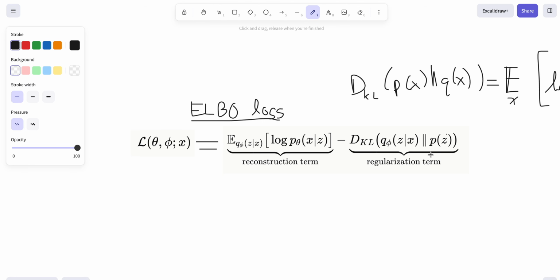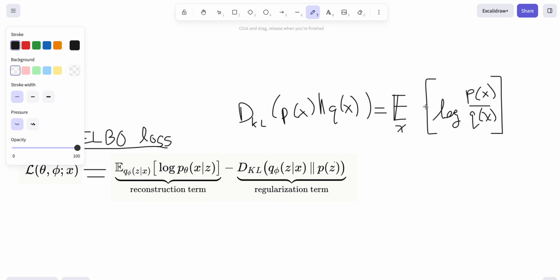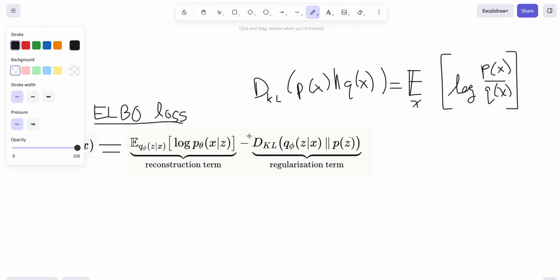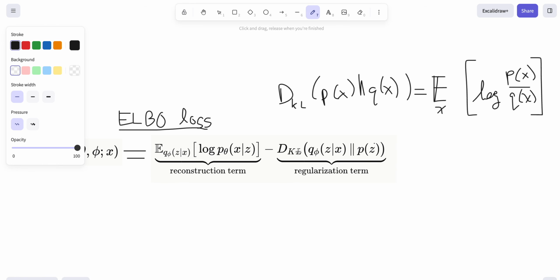So this regularization term drags down the value of the objective and prevents you from optimizing your loss function, because it will be very large if they're very different distributions.